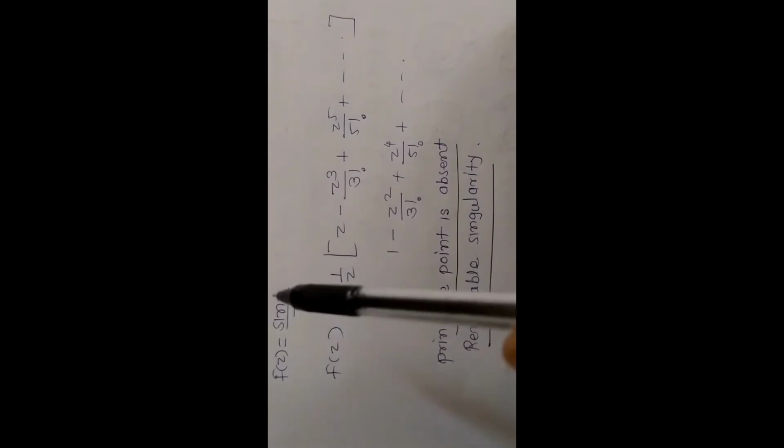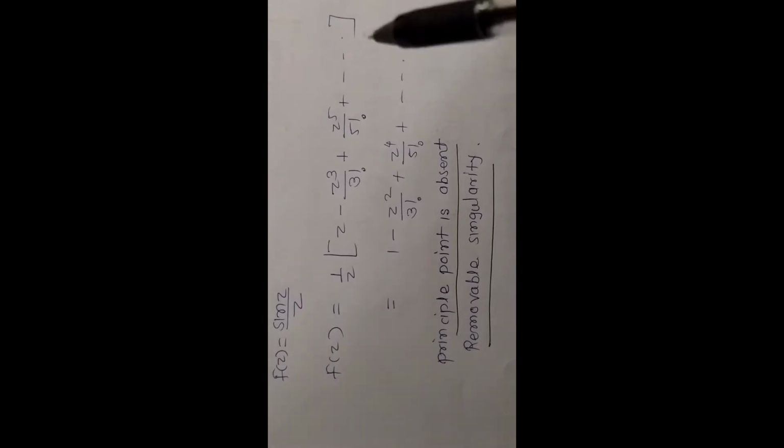Then what is sin z? Sin z is z minus z cube by 3 factorial plus z raised to 5 by 5 factorial, up to infinity. So when we multiply this by 1 by z, it is 1 minus z square by 3 factorial plus z raised to 4 by 5 factorial and so on.